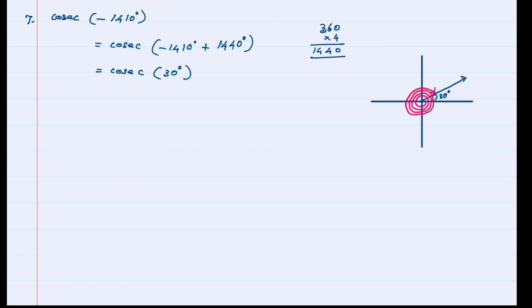If you complete the whole revolution, it will be negative 1440. We are not completing it, we are stopping it here. So, this is negative 1410 degrees. So, negative 1410 degrees and positive 30 degrees, they take the same positions. So, cosecant of these two angles will be the same, and cosecant 30 degrees is 2.